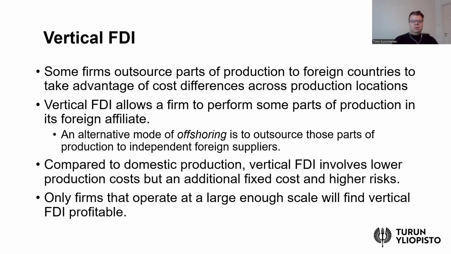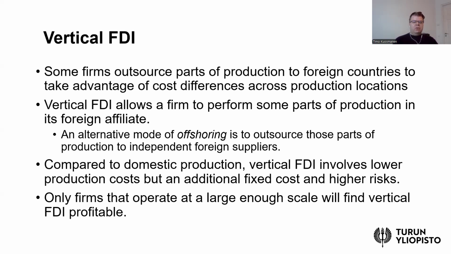Of course, an alternative mode of offshoring would be to simply buy those parts from an independent foreign supplier. So you don't necessarily have to start a foreign affiliate, but that has its own risks and perhaps some quality issues.